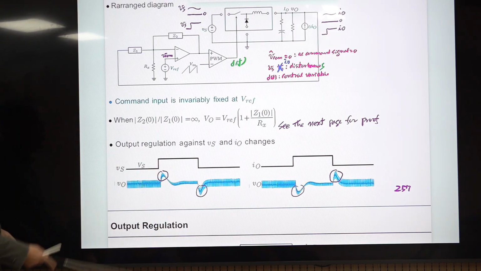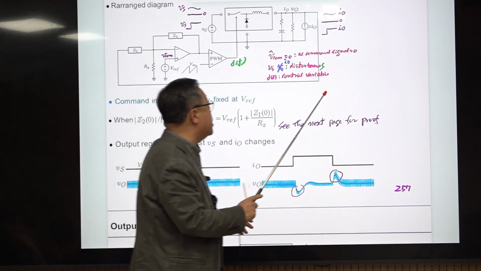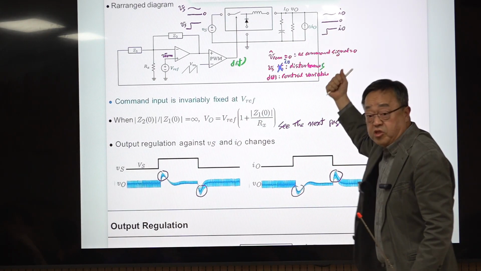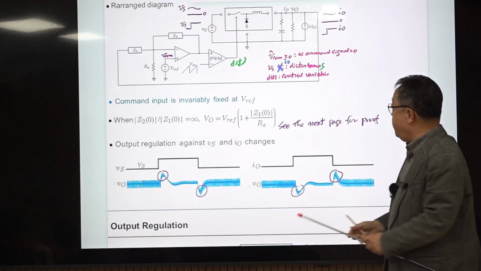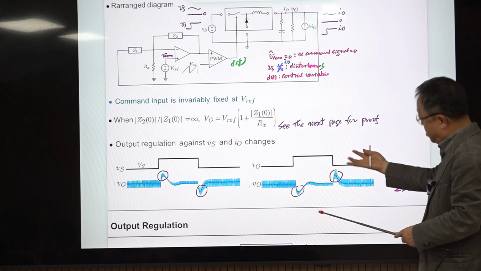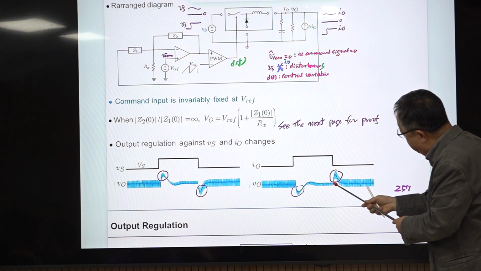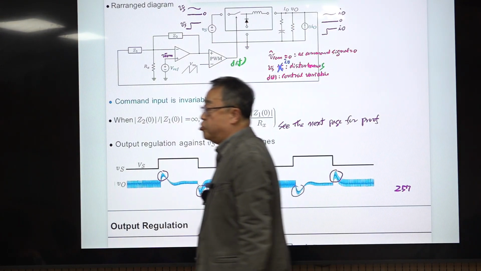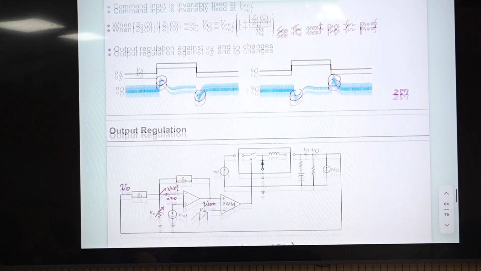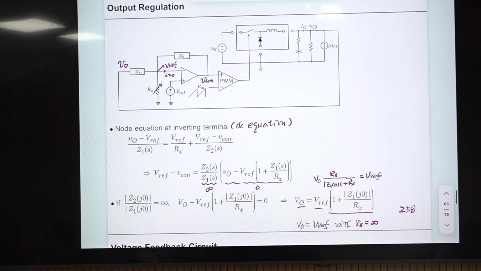Same is true for IO. When IO is increased, you are extracting more energy than usual, then this will go down. When you are extracting less current, less energy, then it goes through this temporary overshoot. We are only interested in output regulation; there is no command tracking mission here.